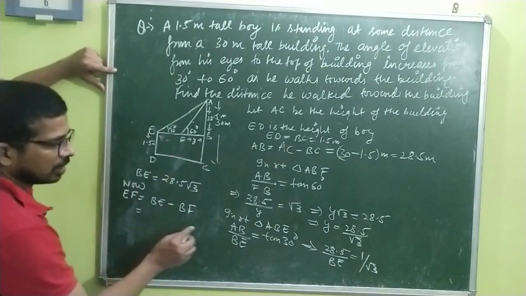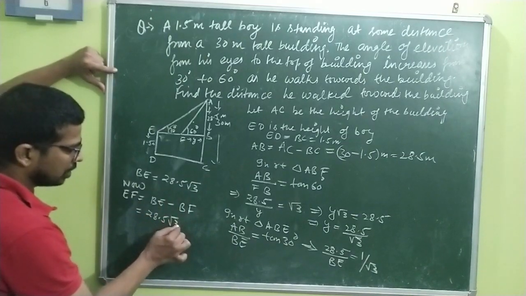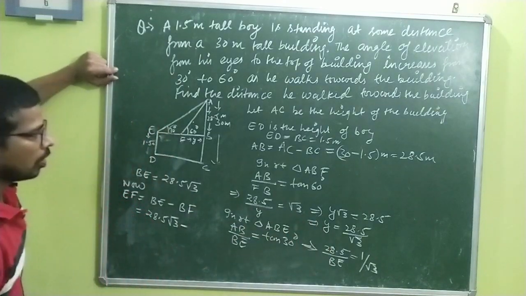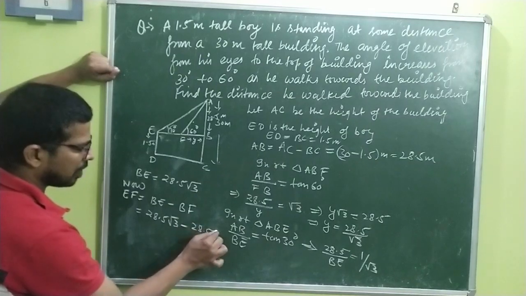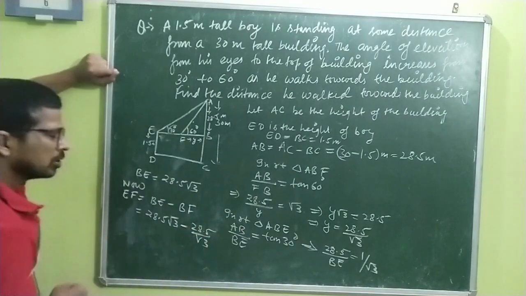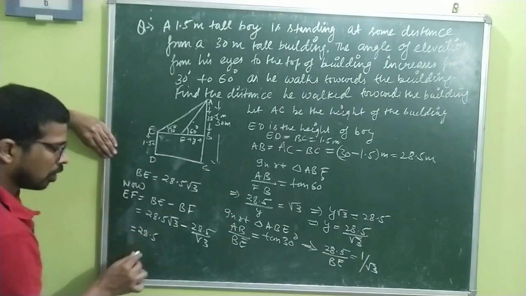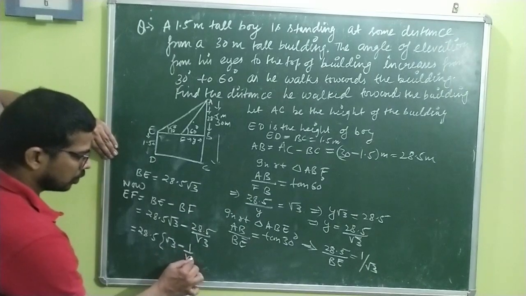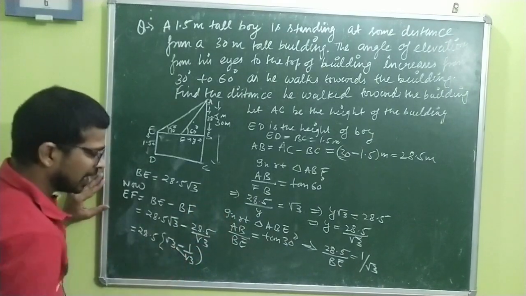BE I have found is 28.5 √3 minus BF, that is equal to Y also, and FB the same thing I can write here, minus 28.5 over √3. Let's see a way to make it easier. We can take 28.5 common, √3 minus 1 upon √3. Okay, meter. We can write at the last, here we multiply directly.